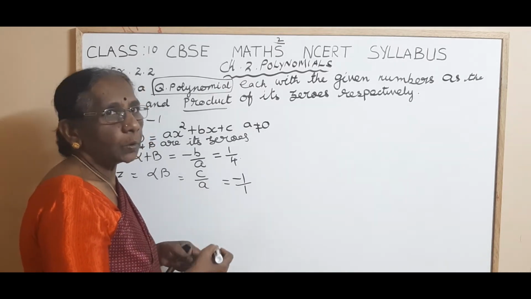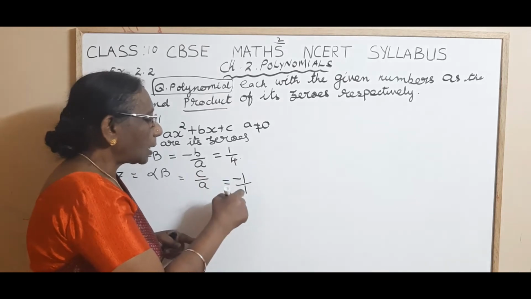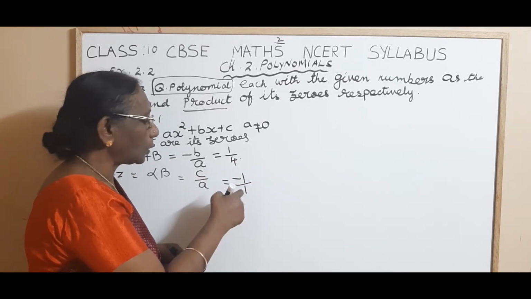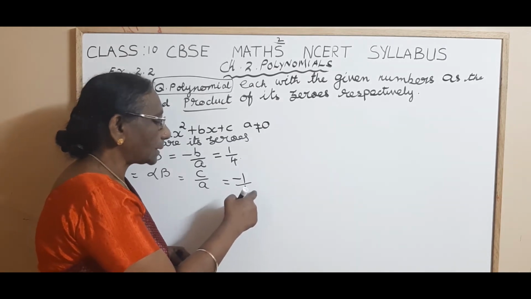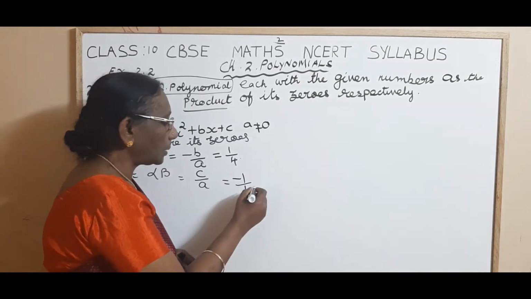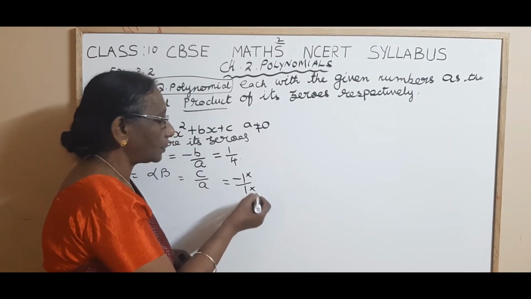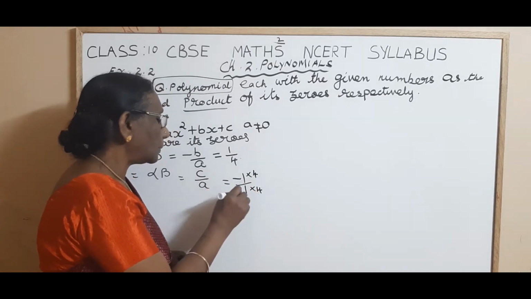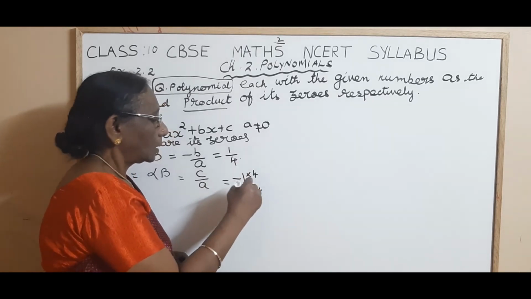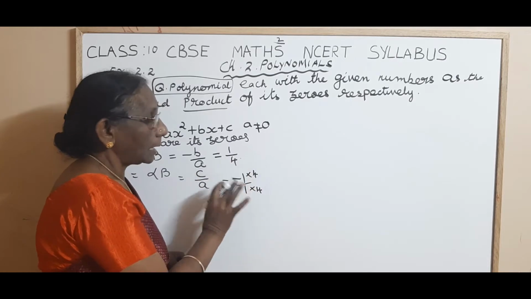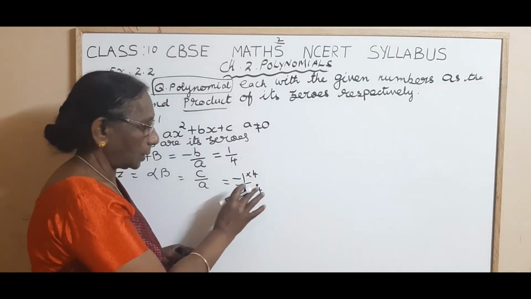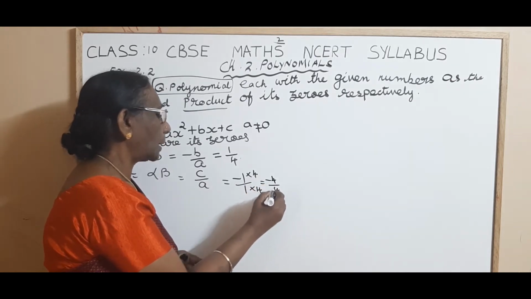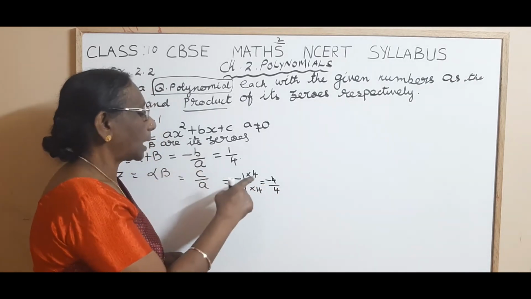So, we have to find the equivalent fraction for this. That is, we have to make the denominator 1 as 4. How to do? Multiply the numerator and the denominator by 4. If you multiply like this, the value of the whole rational number will not change. It will be what? Minus 4 by 4. Again, you are getting the value as minus 1.